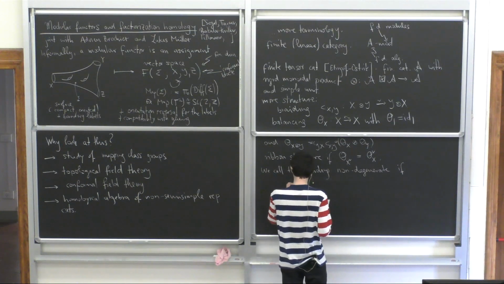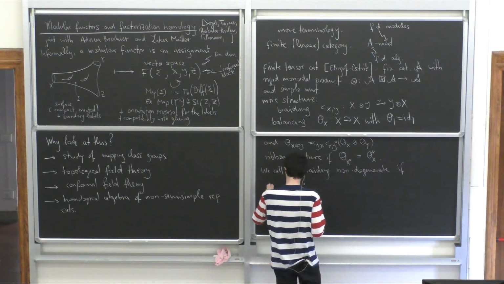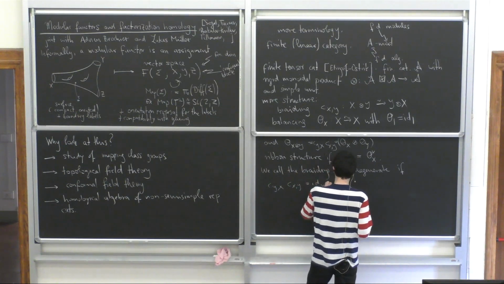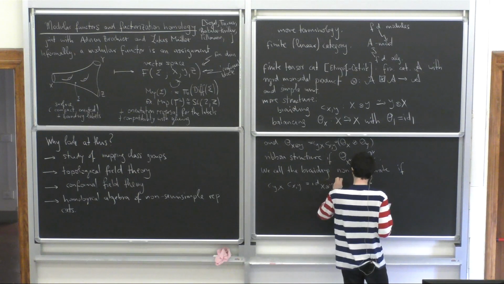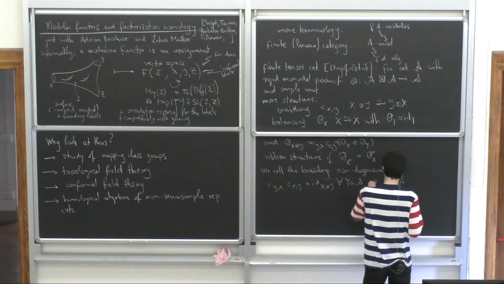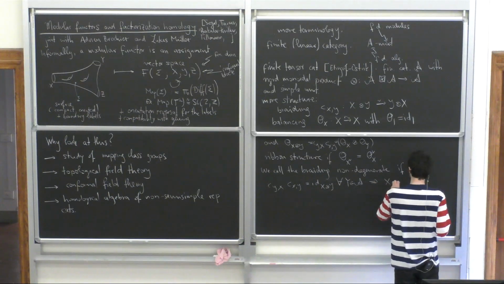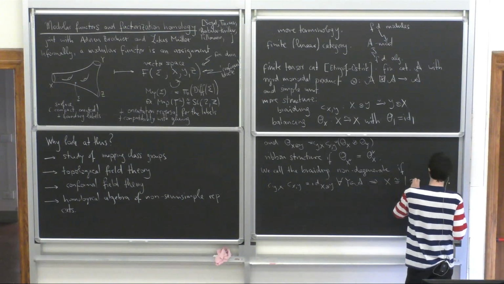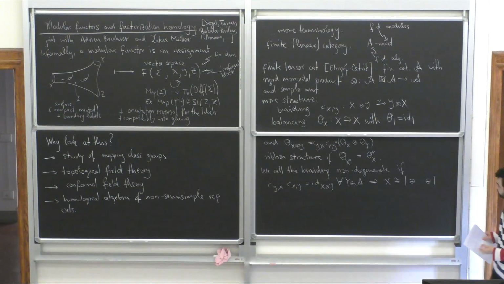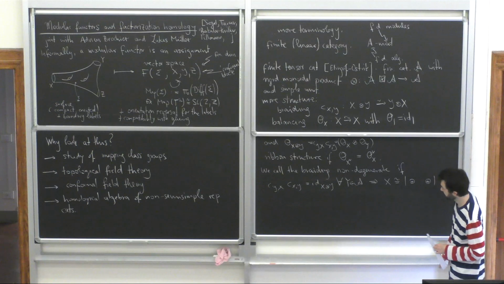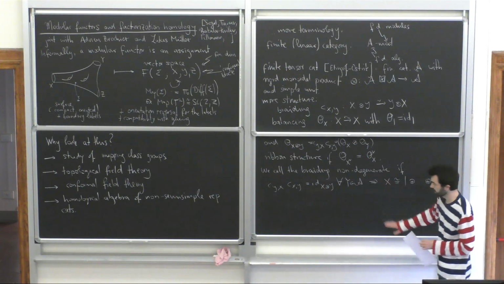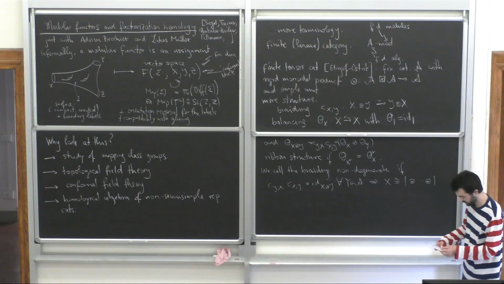So if we have an object that trivially double braids with all other objects, then this implies that it is just the monoidal unit or a finite direct sum thereof. Yeah, so the class of objects that trivially double braids with all of the others is as small as it can possibly be.